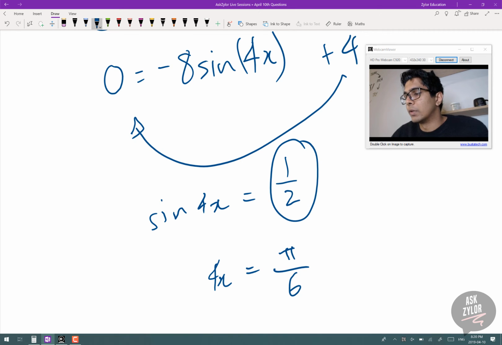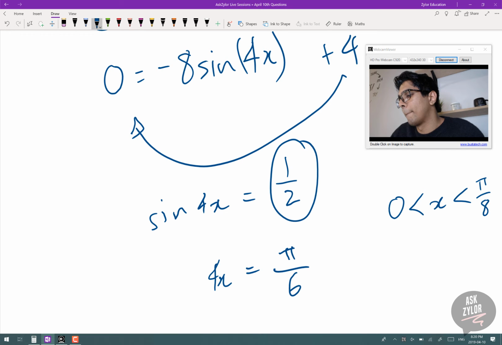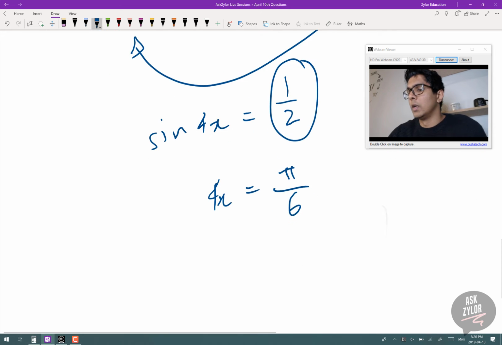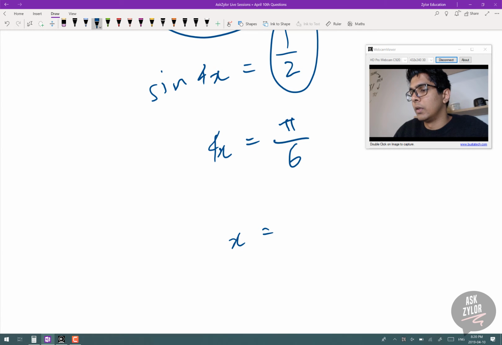All other angles are going to be outside the scope, outside our domain, because if we recall, our domain is when x is bigger than 0 and less than pi over 8. Right? So then x will end up being just pi over 24.